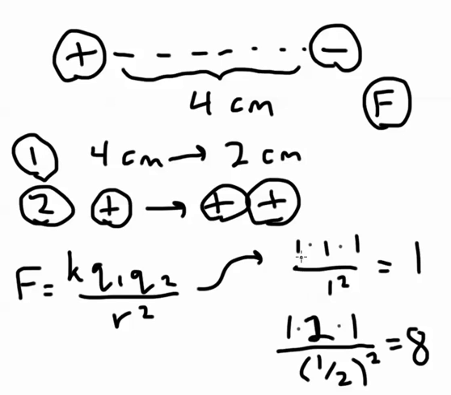These are just test values that I'm putting in to see how the formula behaves when I do certain things to it. And of course K isn't really 1. I'm just using that 1 as a test value, because I know that the K isn't changing, so it doesn't really matter what I put for the K. But if you wanted an actual force value in newtons, then you would have to put in the correct value of K. All right.